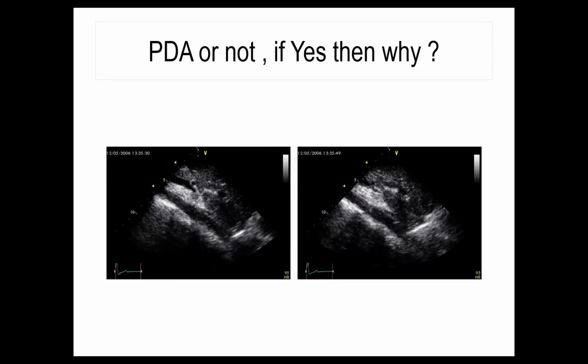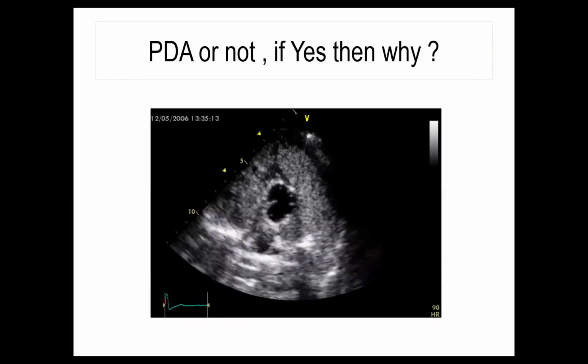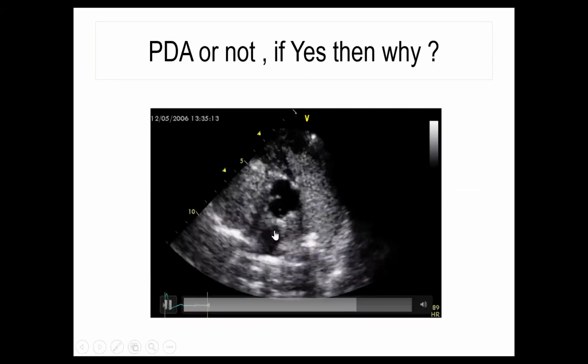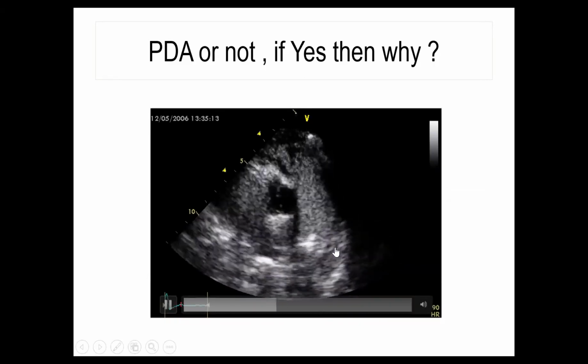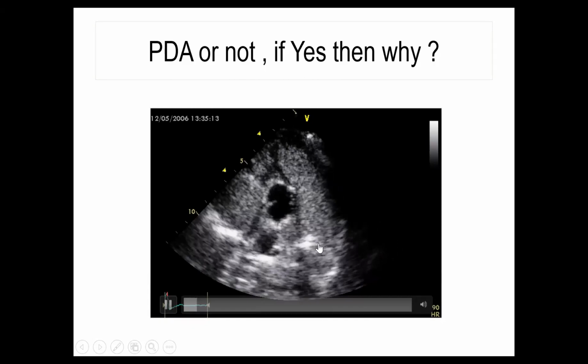You got it? You must be wondering how these bubbles appeared in the descending aorta, as reversal of flow. Yes. So reversal of flow is coming from here, the pulmonic flow, which will go to the right and left pulmonic arteries, because of the patent ductus arteriosus reversal. Now the contrast is going from the pulmonic artery to the descending aorta, because of the reversal.